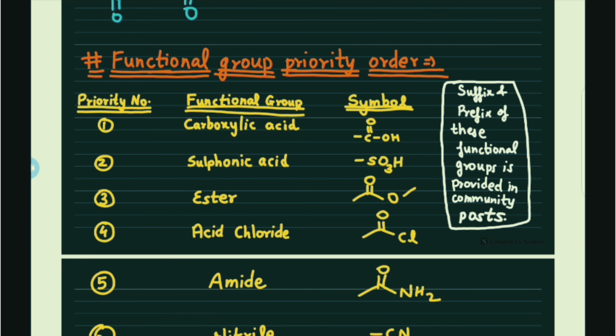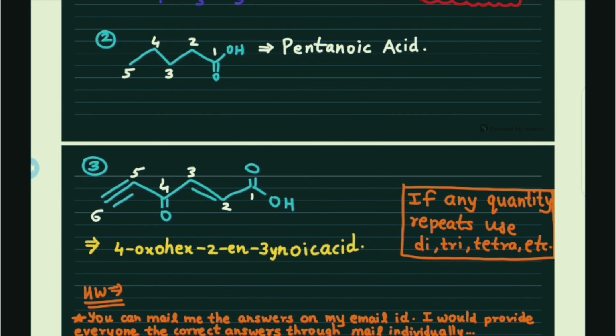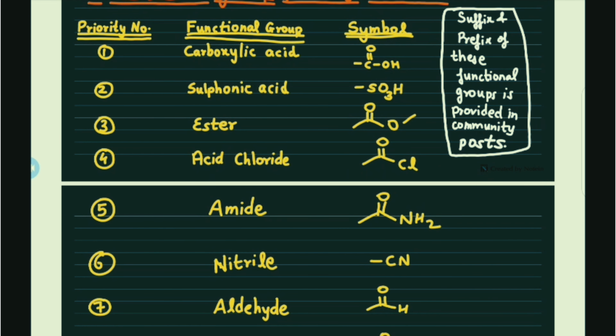But if it's used as a substituent, like we have seen in this example, then its prefix becomes oxo. It is used with a prefix and it is written as oxo.